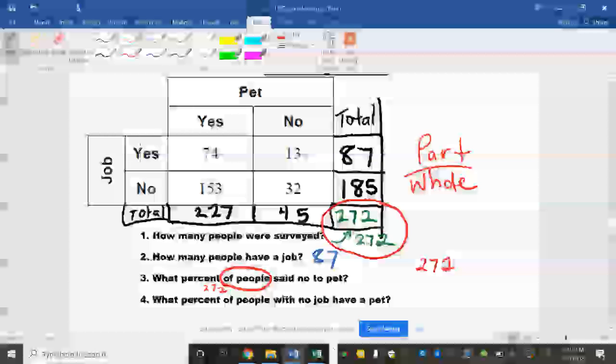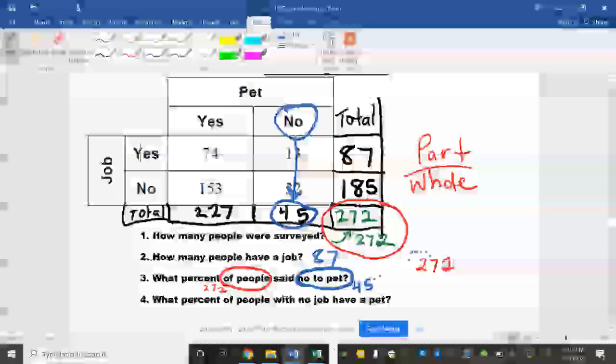So out of all people, how many said no to pet? Well, no to pet, let me see. That's our part, no to pet. Go to pet, find no, all the way down, that would be 45. That's the part.